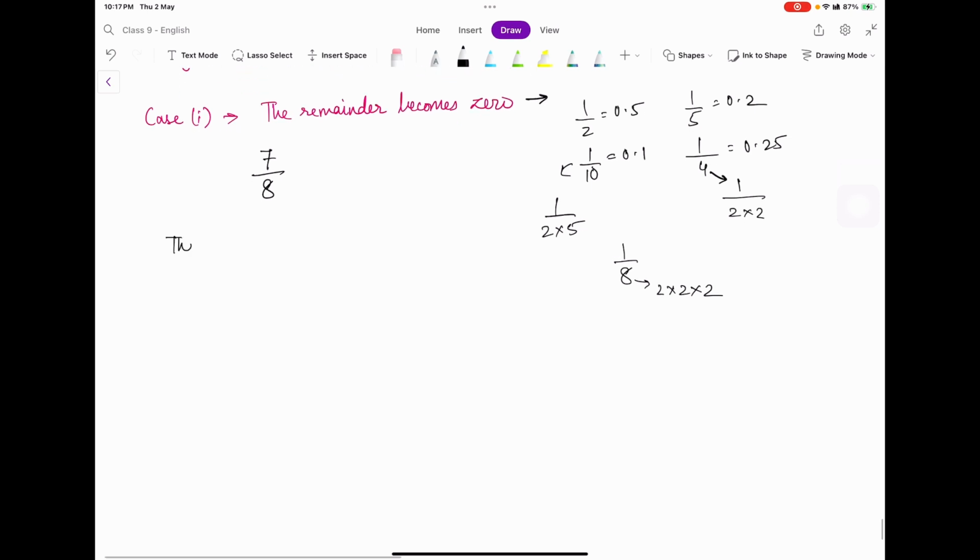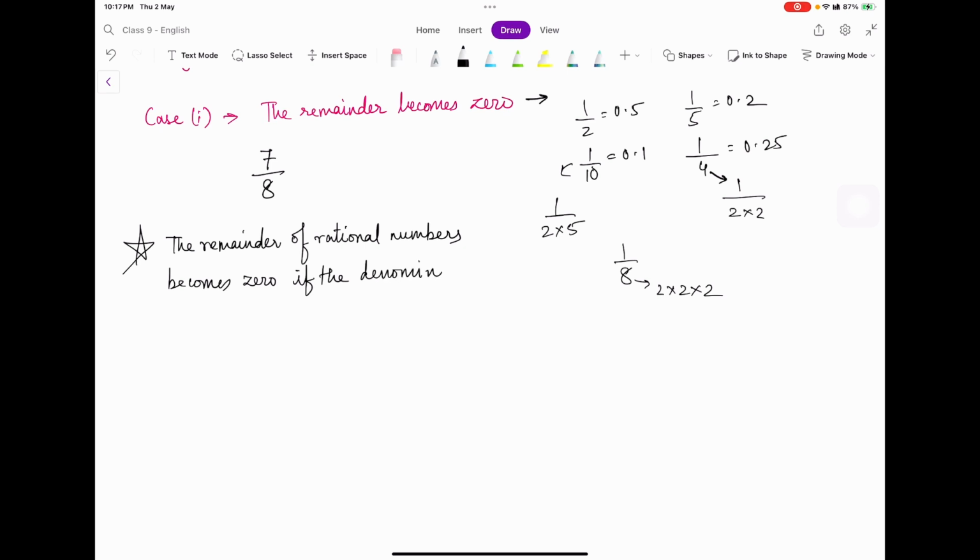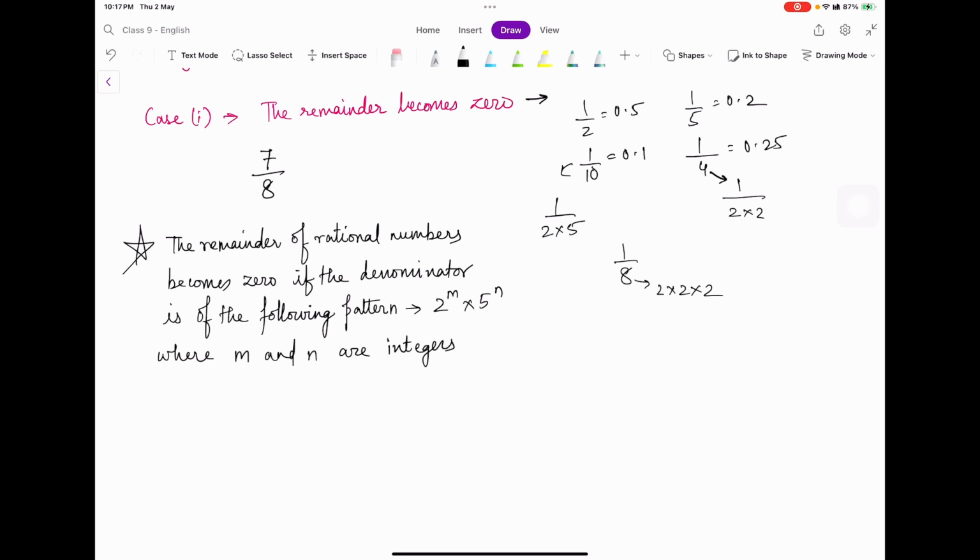So, a very important point: the remainder of a rational number becomes zero if the denominator is of the following pattern: 2 to the power m into 5 to the power n, where m and n are integers.